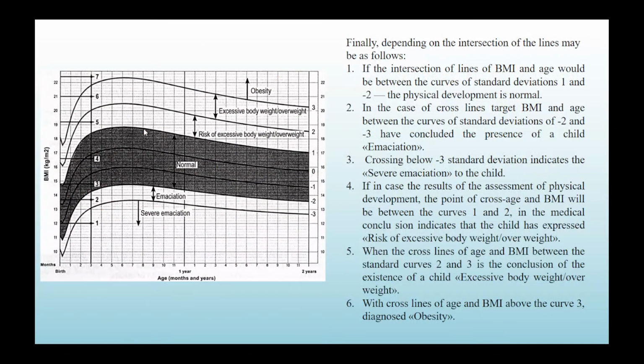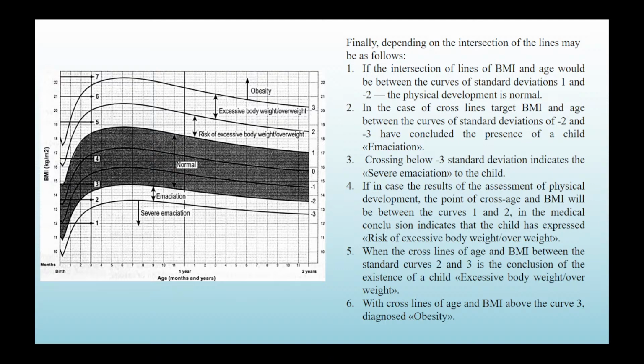Here you can see a graphic showing how to determine parameters for BMI. Finally, depending on the intersection of lines, it may be as follows. If the intersection of lines of BMI and age is between the curves of standard deviation 1 and -2, the physical development is normal.